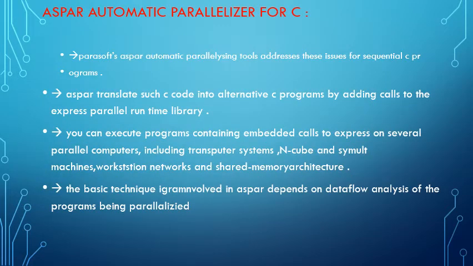ASPAR, an automatic parallelizer for C. ParaSoft's ASPAR automatic parallelizing tool addresses these issues for sequential C programs. ASPAR translates such C code into alternate C programs by adding calls to the Express parallel runtime library.